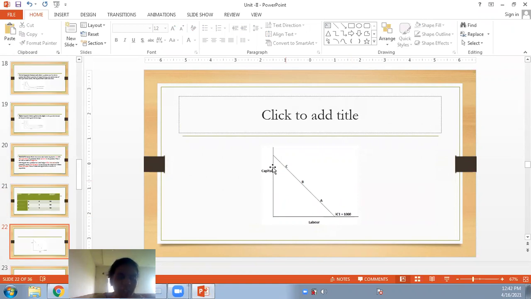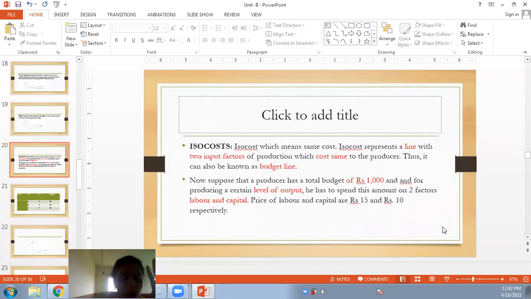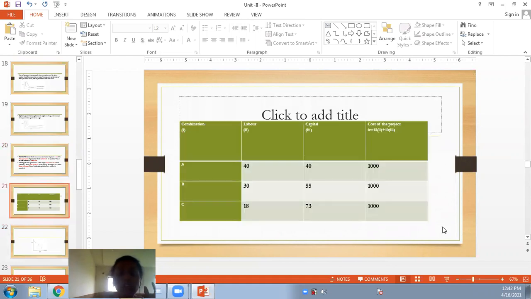That means if we decrease the labor, we increase the capital, or when we increase the capital, we decrease the labor. But the changes are made in such a way that the cost of the project remains the same. Such a combination of two input factors we call an isocost.